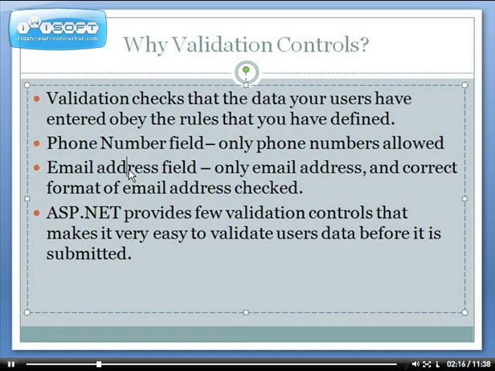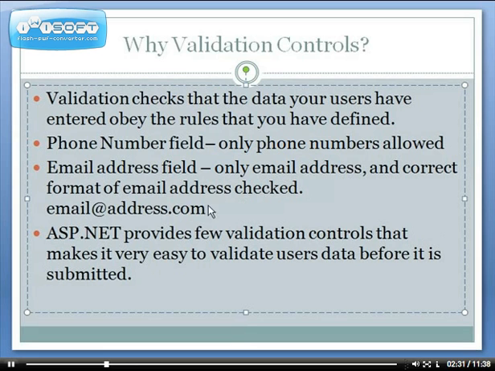The email is written in a certain way, for example, email at address.com. The application will check to make sure that the email address has followed these rules. If the email address doesn't follow this rule, it will not allow it to be submitted.